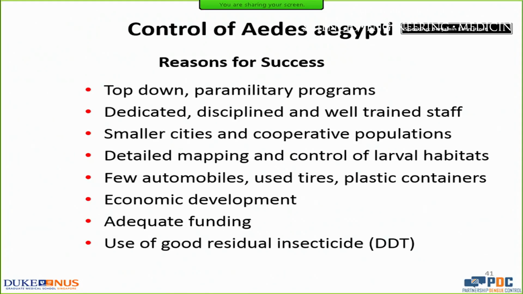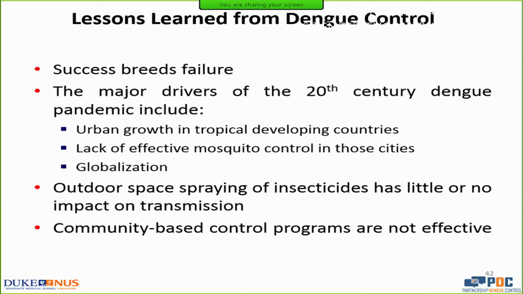Now everything is disposable plastic, and even a small bottle cap is enough for Aedes aegypti larvae to develop. Economic development has taken precedence over many of these activities. There hasn't been adequate funding for these programs, or rather there was adequate funding earlier, not so much today. Another important factor is that in those days we used residual insecticides like DDT that in most places are now not considered environmentally acceptable.